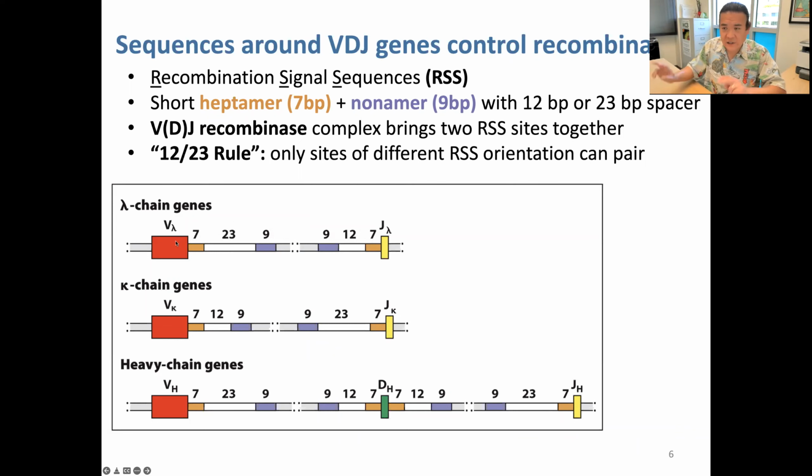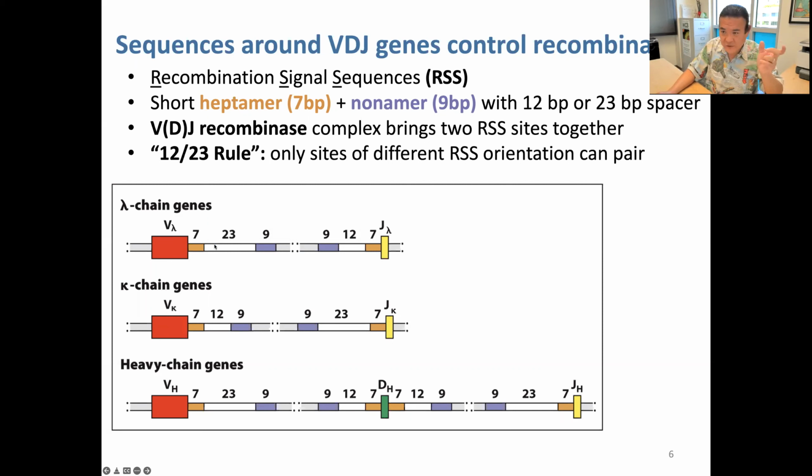So the way that different colored blocks get chosen to put together a finished gene is you will have enzymes that recognize these RSS sequences, bind to them, and use them as a key in order to then properly link up one colored block with another colored block somewhere else. For example, this red V block here with this yellow J block here.